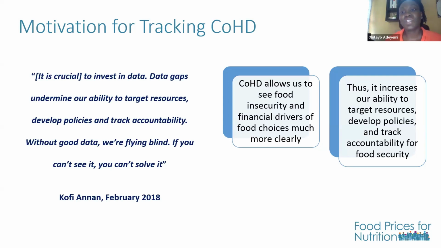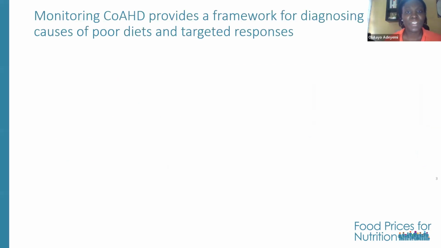And it increases our ability to track what is happening for food security, and also increases our ability to target resources and develop policies. And I'll talk about how policies have actually been developed based on the cost of a healthy diet.